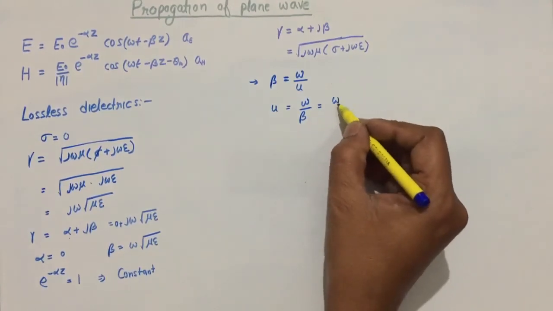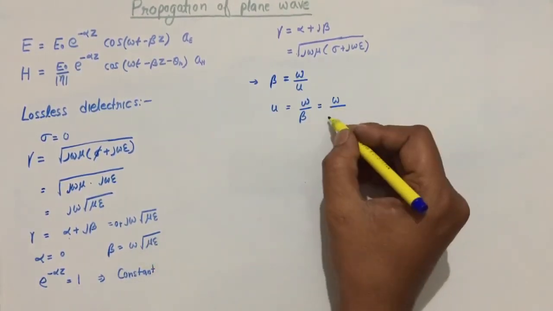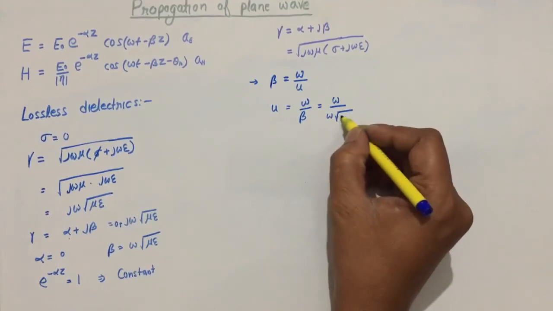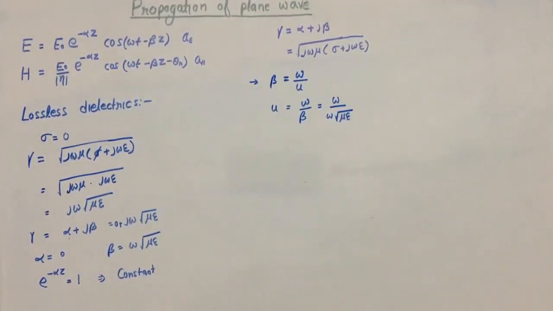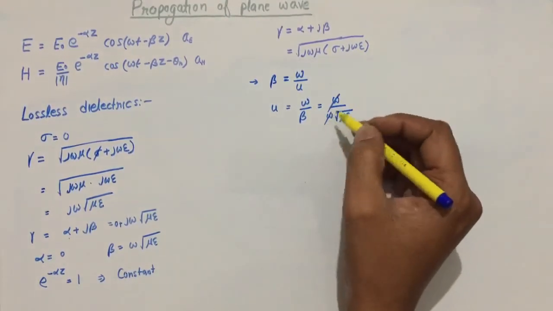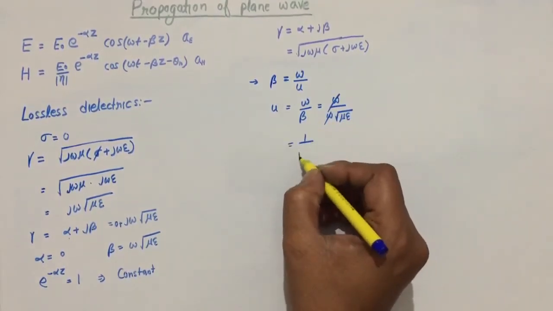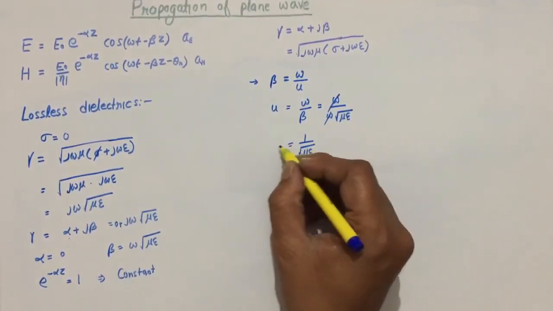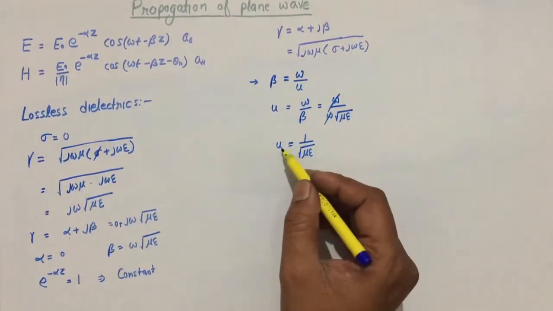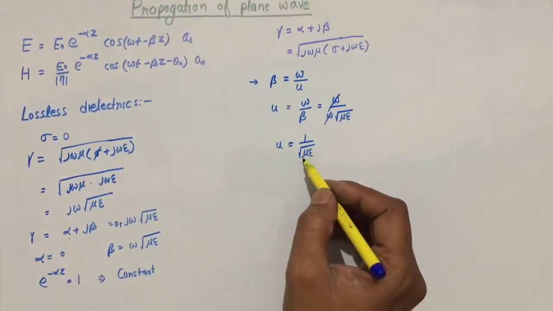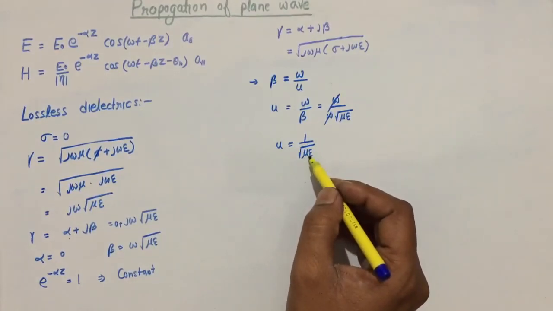So from there we can write omega divided by omega root mu epsilon, and after simplification we find 1 by root mu epsilon, that is the speed of the wave. So in case of lossless dielectrics the speed of the wave is 1 by root mu epsilon.